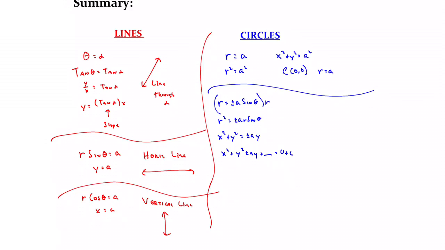And so what it ends up coming out to be is x squared plus y plus or minus half of that a value squared, and then it's equal to half of the a value squared. So that would give you a radius of half of a centered at 0 comma half of a, and it could be plus or minus as well.